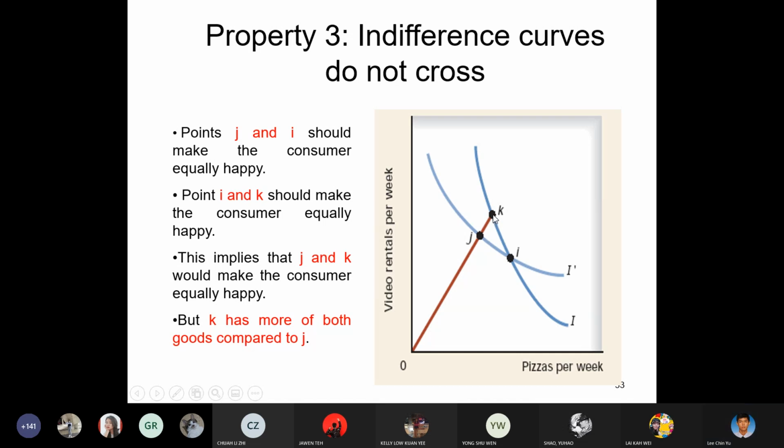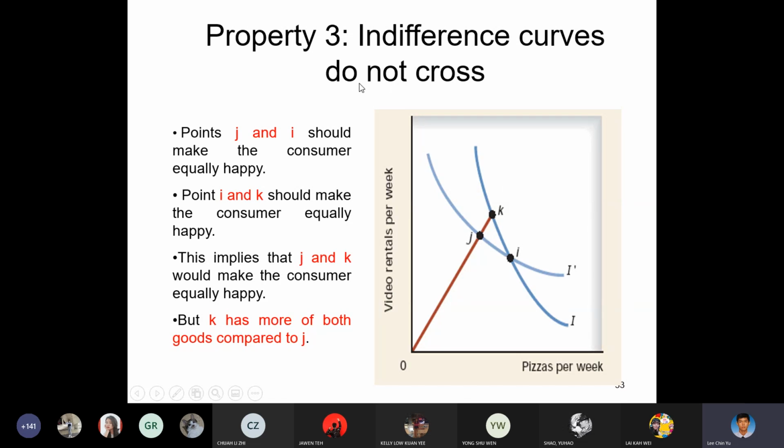Your indifference curve is far away from the origin, meaning that for combination K, you can consume more video and pizza compared to combination J. By right, combination K will give you a higher level of utility than J, if you use this line as a reference.